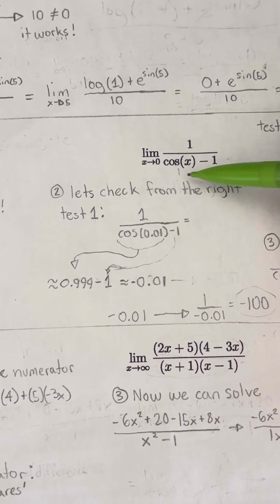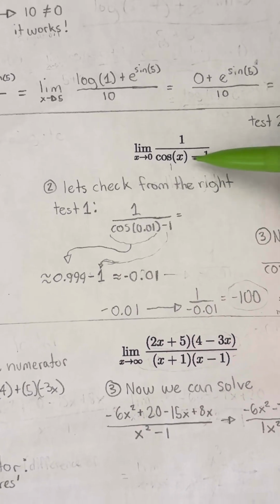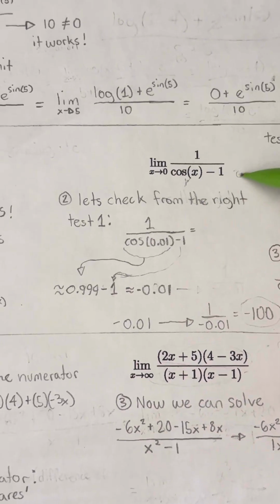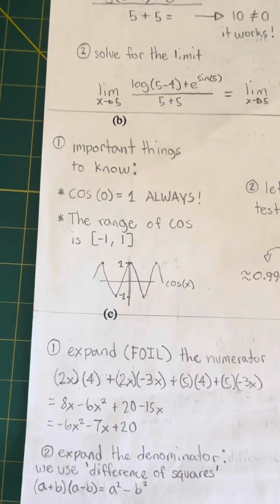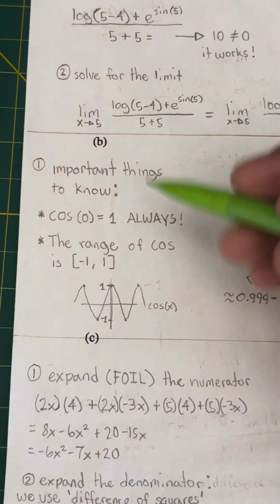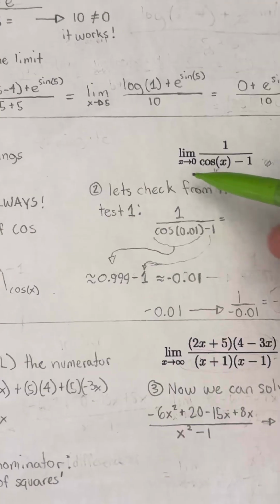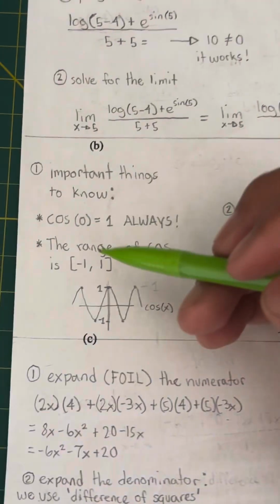But we have a minus 1 here. So 1 minus 1 is 0. So we would have a 0 down here, and we don't want that, right? So we can't plug in 0 this time.